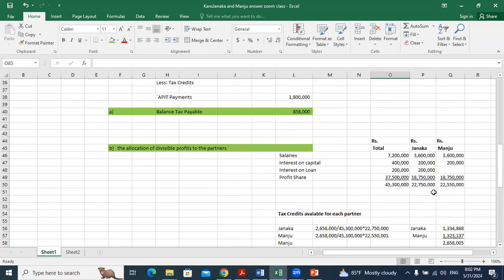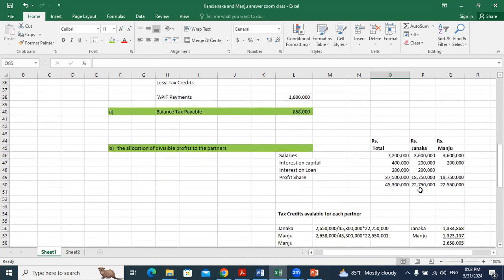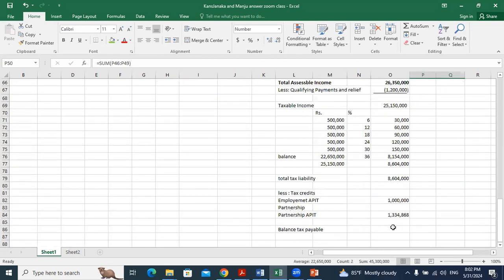See, the total tax liability of the partnership is 2,658,000. It is divided between these two partners using the profit sharing ratio. So Janaka got 1,334,868. Thereafter, balance tax payable by this individual, that is Janaka.